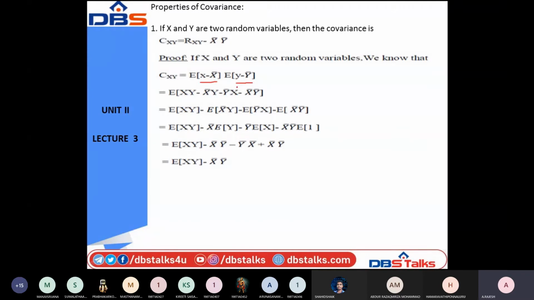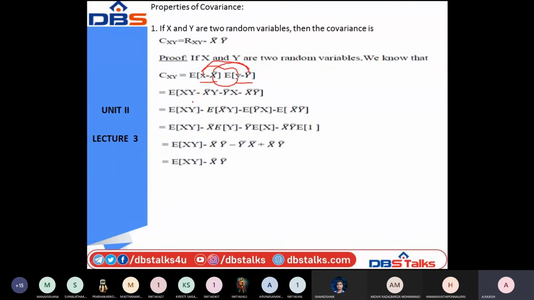Okay, we have taken expected value as common: x into y, x complement into y, y complement into x, and x complement y complement.